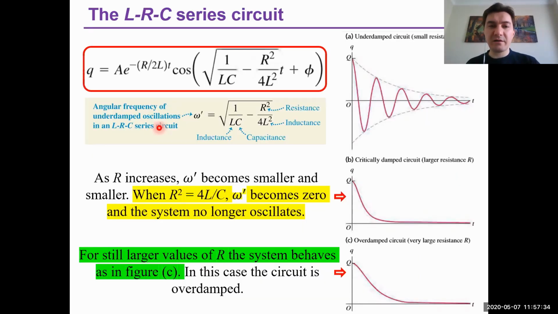Then this term will go to smaller values, and this term will go to smaller values, then the charge again will decrease with that behavior. So what do you see here, that the charge decreases faster in this case than this case. And this last case is called an overdamped circuit, for very large resistance in the circuit.